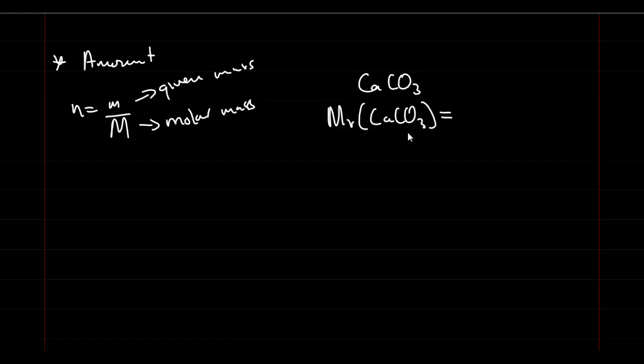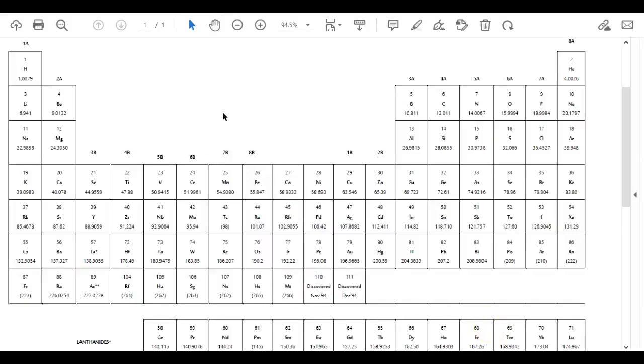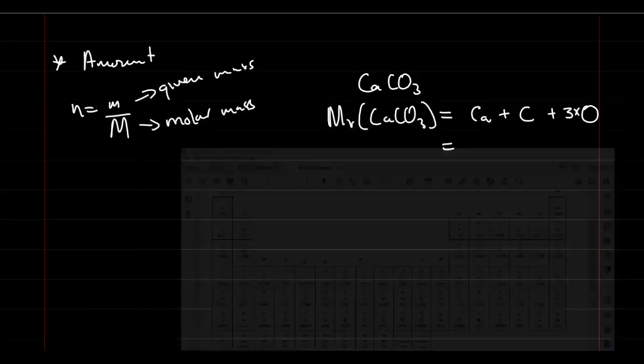So it will be the atomic mass of calcium plus the atomic mass of carbon plus the atomic mass of oxygen. But how many oxygens do we have? We have 3 oxygens, so 3 times oxygen. Then you go to your periodic table. Calcium has a molar mass of 40.